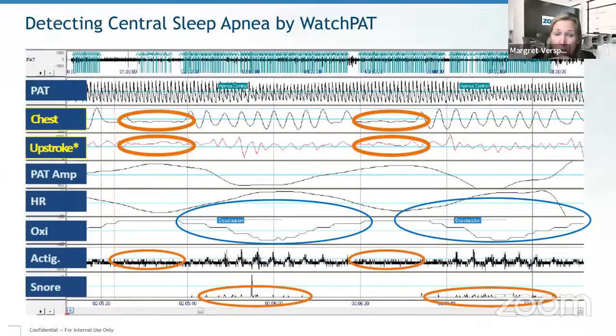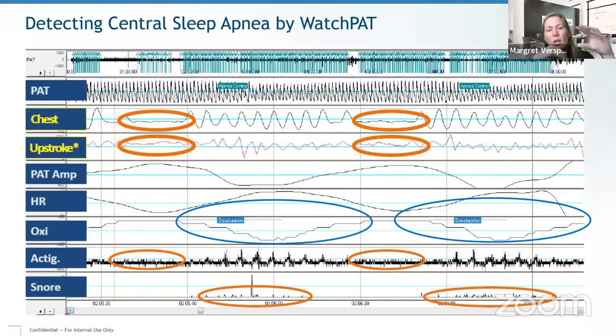Also in the actigraphy, it's on the wrist, but when the patient has his arm near his body most of the time, we can see it's a very sensitive device. So we see the movement in the chest. We can see respiratory movements reflected in the actigraphy sometimes. When there is a central event, we see a lot of times the central part in the actigraphy with the resumption of breathing again.